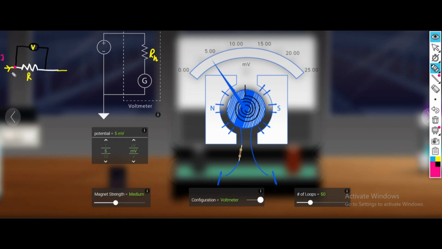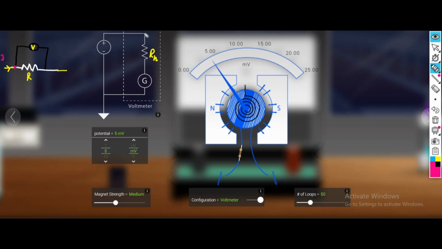In this case, we don't want to pass the current through this voltmeter, so we will have to increase the resistance of this voltmeter. Therefore we insert the high resistor inside this voltmeter.